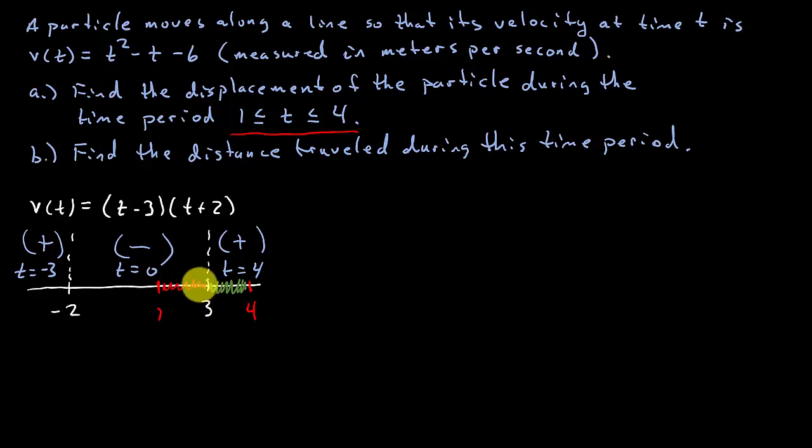All right. So when I integrate this thing, I've got the distance traveled is going to be the integral of what? Absolute value of v of t dt from 1 to 4.